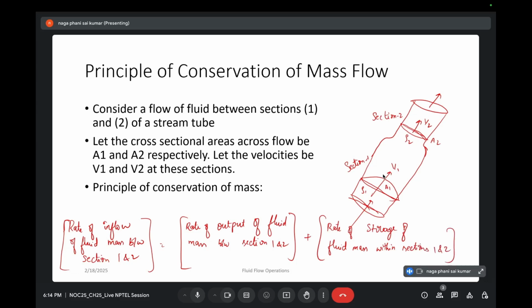That means rate of input is equal to rate of output plus accumulation.